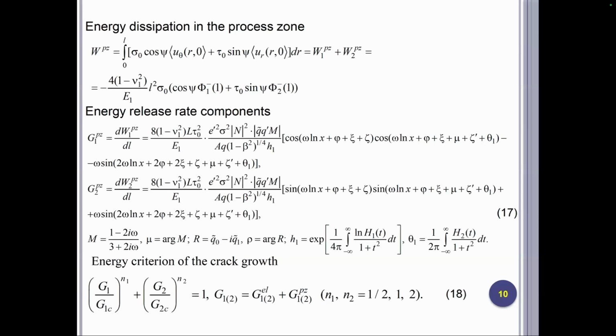Now, some numerical analysis. We have two dissimilar materials with the same Poisson ratio, and the ratio between Young moduli is equal to 0.25.